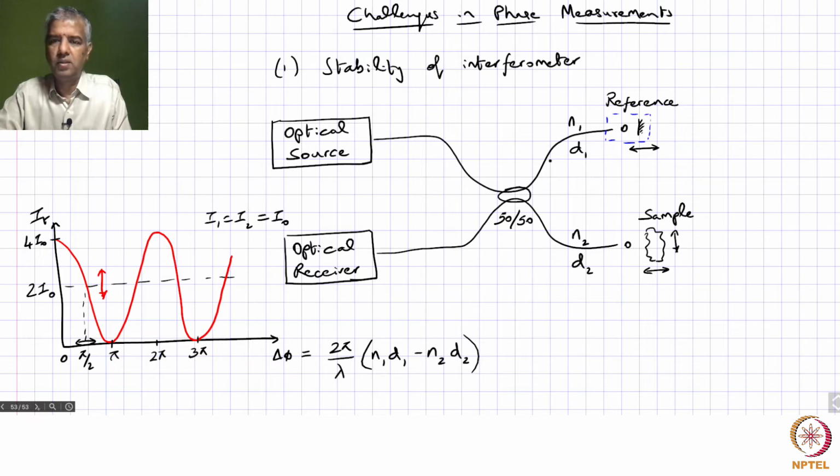Essentially, if there are changes in, let's say, strain or temperature of the environment, that can actually change the refractive index. The dn over dT, what we call the thermo-optic coefficient, is in the order of 10 power minus 6 for glass, and a similar order for dn over d epsilon, which is essentially what is called the strain optic coefficient. So small changes in those quantities can actually perturb this thing.